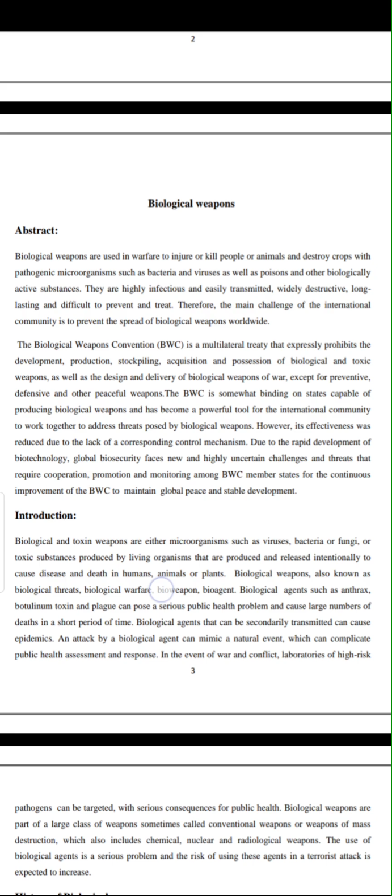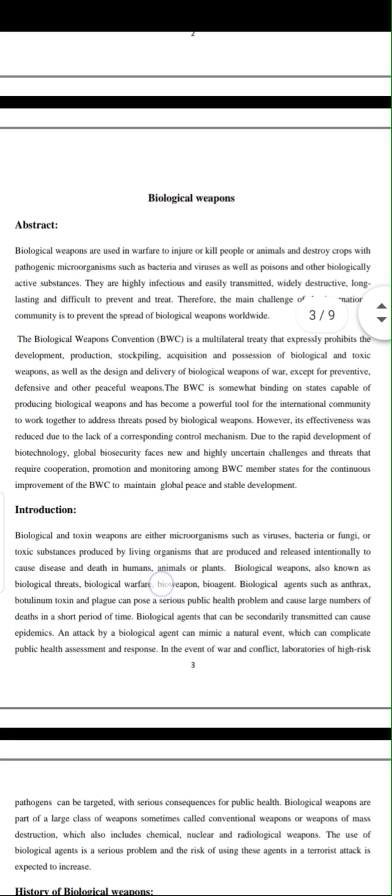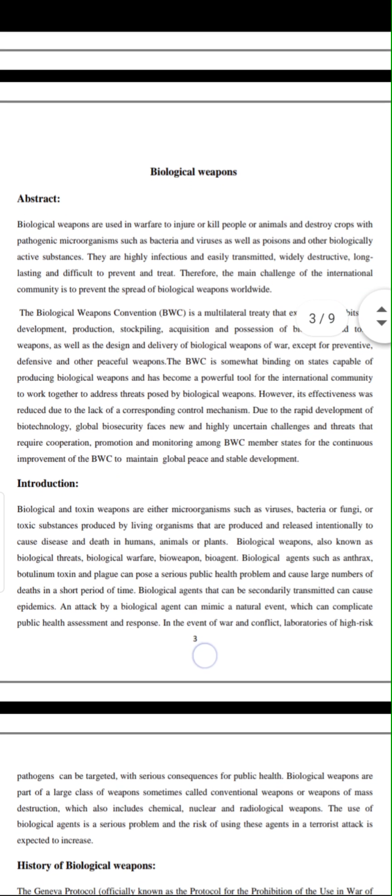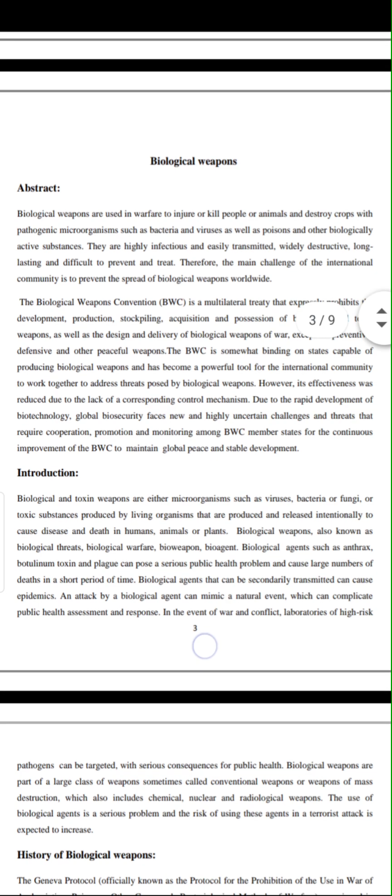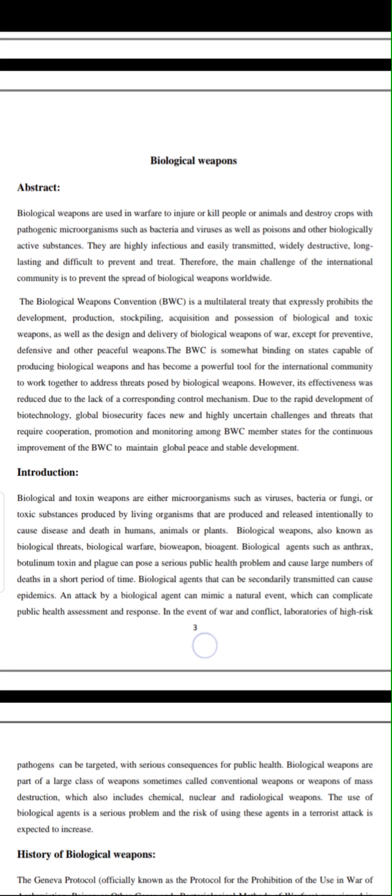I will tell you its introduction. Basically, biological weapons can also be known as bioagents or toxic weapons. They are microorganisms such as viruses, bacteria, fungi, and other toxic substances produced by living organisms that are used to kill people, animals, or plants.